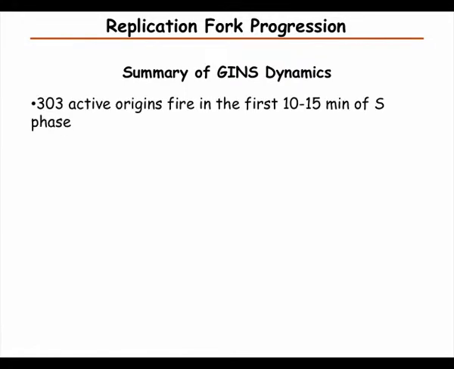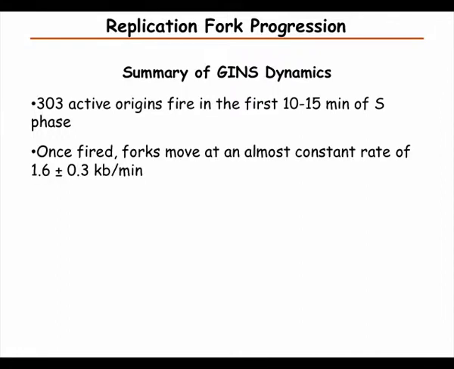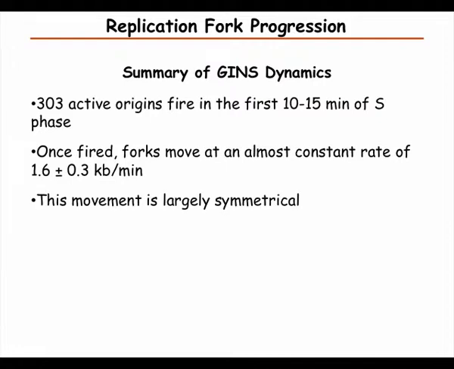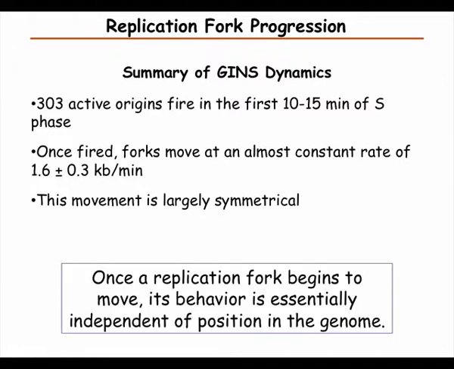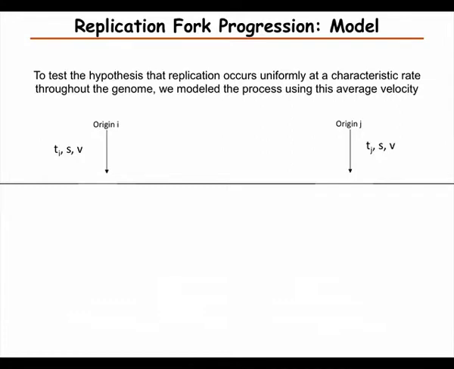So in summary, we can see 303 active origins fire in the first 10 to 15 minutes of S phase. Once they fire, they move at a constant rate, and it looks like it's symmetrical. So now what we can do is make a simple model out of this.